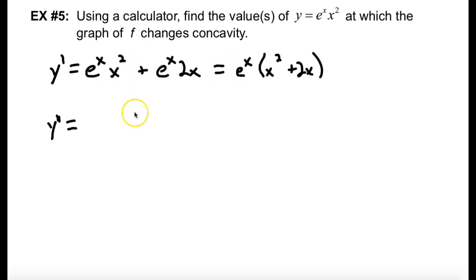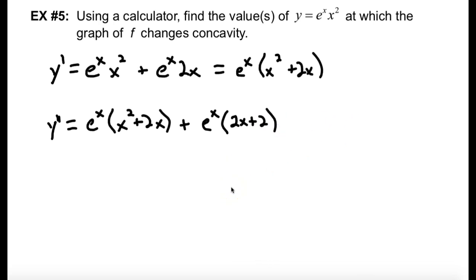All right, so if we're using product rule, the derivative of the first, e to the x, times the second, so that would be times x squared plus 2x, plus the first, which is e to the x, times the derivative of the second, so that would be 2x plus 2.